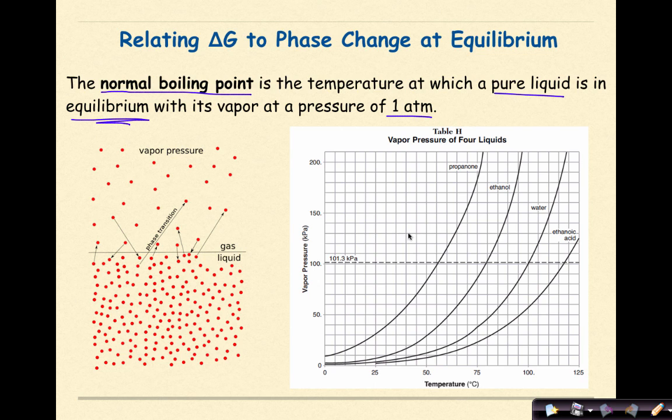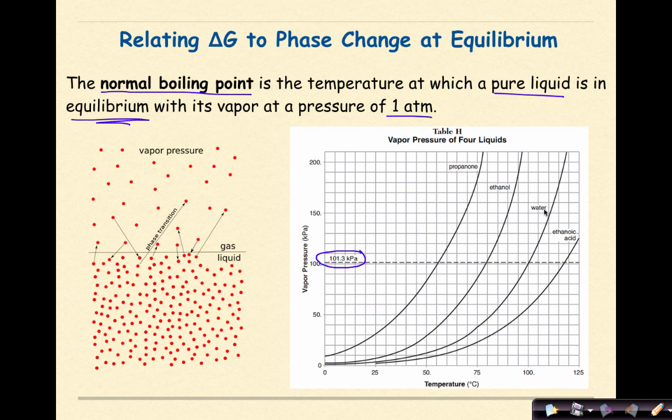If we look over here at a vapor pressure diagram of 4 different liquids, we know that at a pressure of 101.3 kPa, which is the equivalent of 1 atmosphere, the temperature at which each of these lines intersect this vapor pressure is the boiling point.